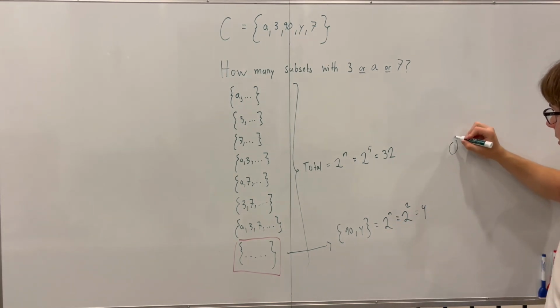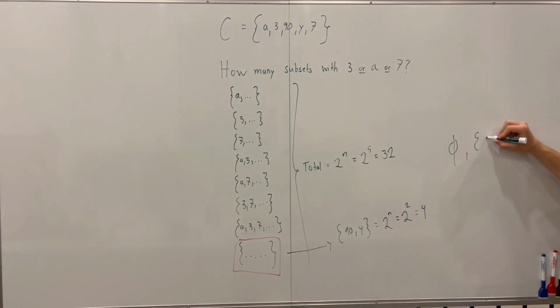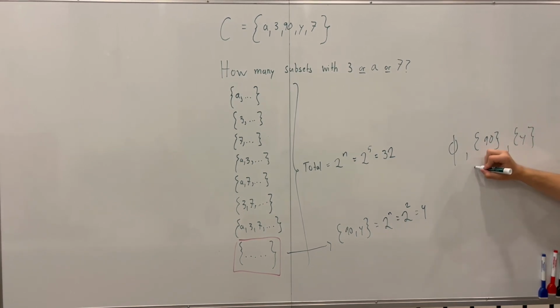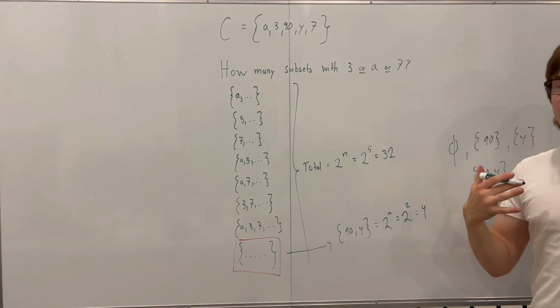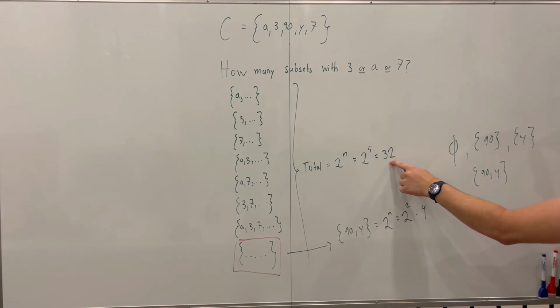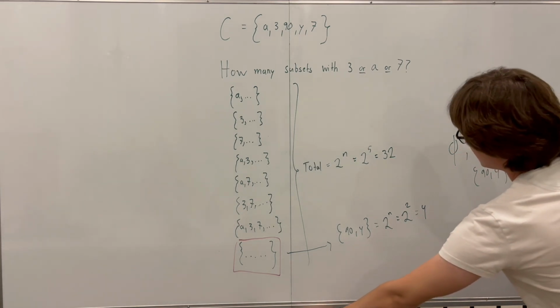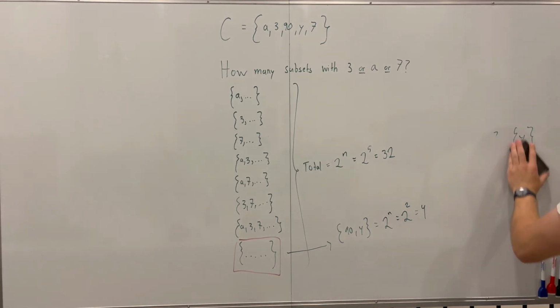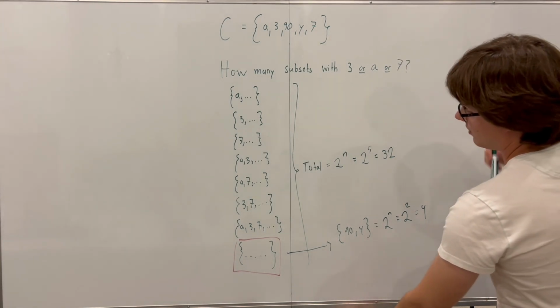This would be the empty set, the set only including the first element, the set only including the second element, and of course the subset including both, right? Every other subset is going to include one of these 3, so we just want to subtract these 4 subsets from the total, and we're going to be left with the number of subsets that have definitely one of these 3 in them.